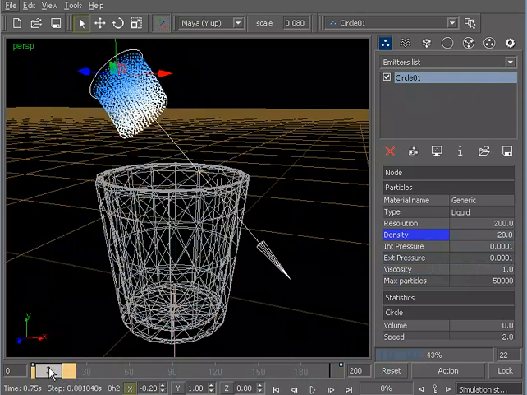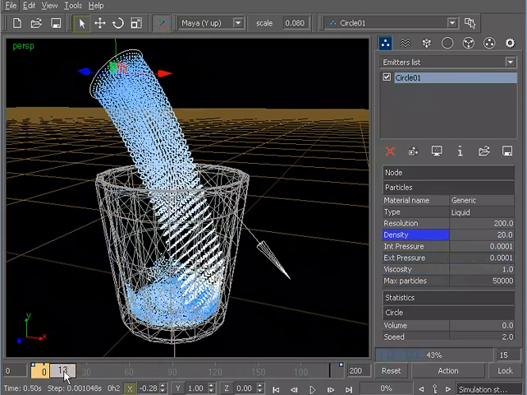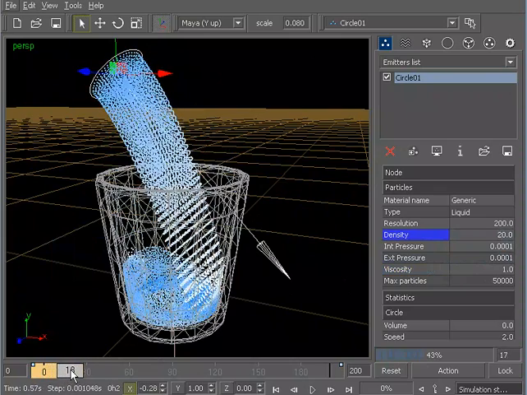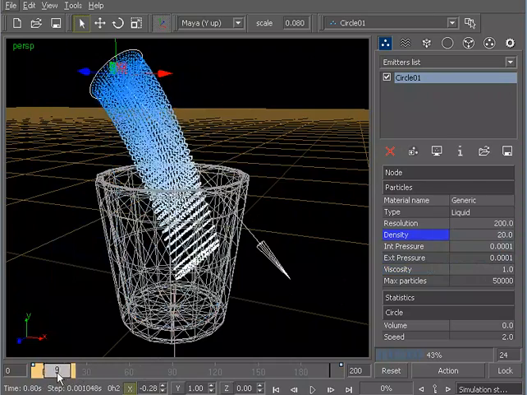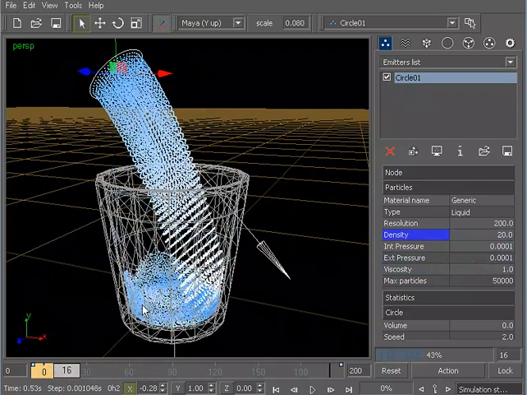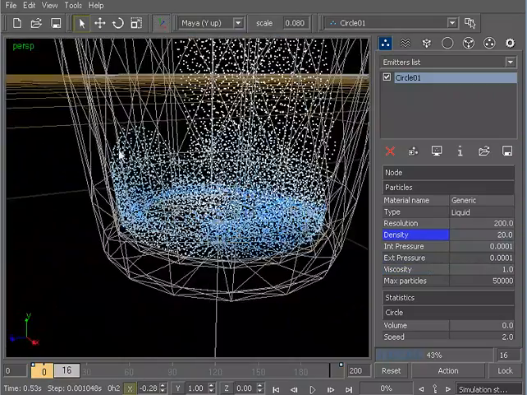So now that we've lowered this pressure, we do have something that's a little bit more stable, I guess you could say. When I play this back, you can see that we don't have quite so much of a plume that's flying up. And when you take a look at the actual particles in this area, we do have particles that are quite a bit thinner.